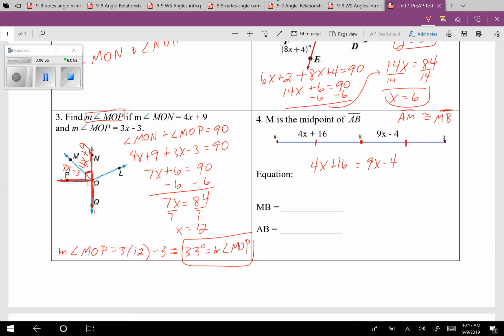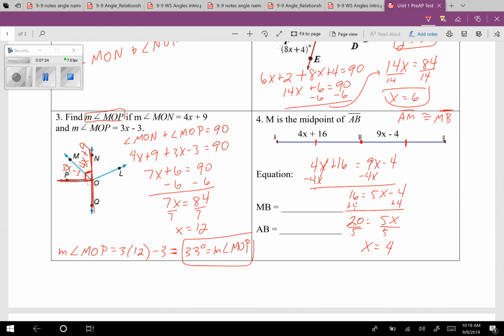You got to show that on the test because I need to know where you're starting from. And then now you got to show me the solving. So I'm going to take away 4x from both sides. Okay, so I get 16 is equal to 5x minus 4. I'm going to add 4. So 5x is equal to 20. Divided by 5. So I get x is 4.